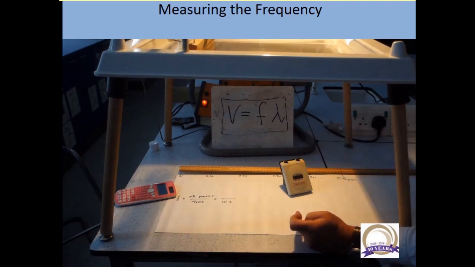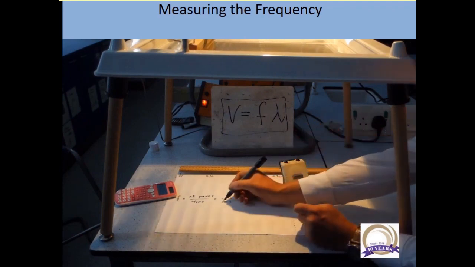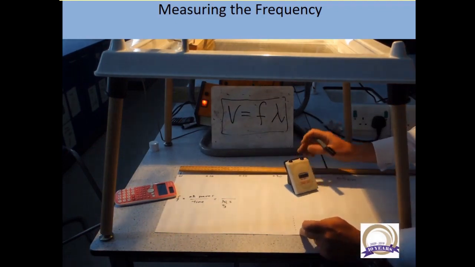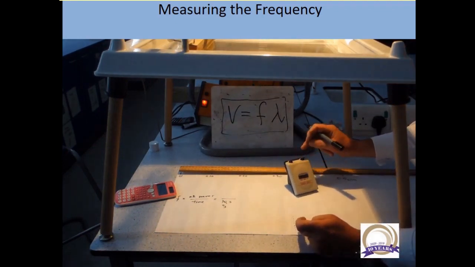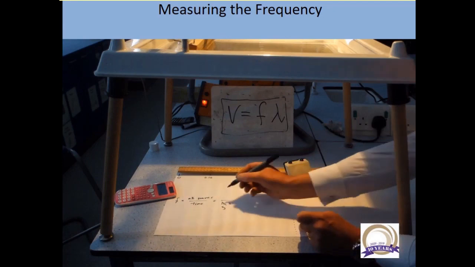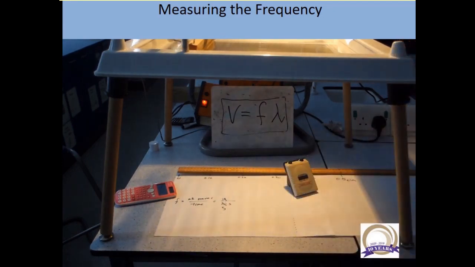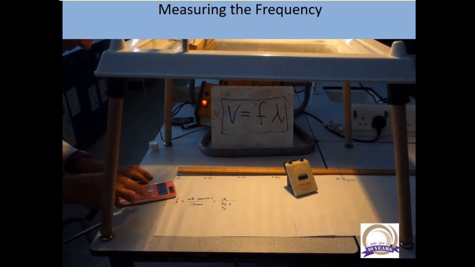I don't want to go too quick, so I'm just going to do 5 seconds instead. Struggling to keep up. Ready, steady, go. 1. Right, I'm just going to calculate that, but I'll give it another go in a minute because I'm not convinced I was all that accurate with that.